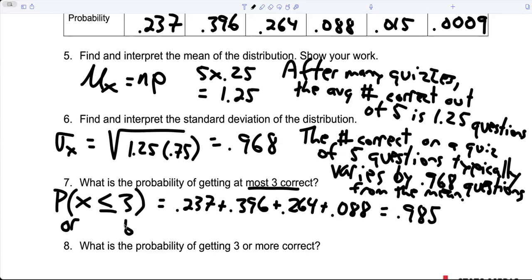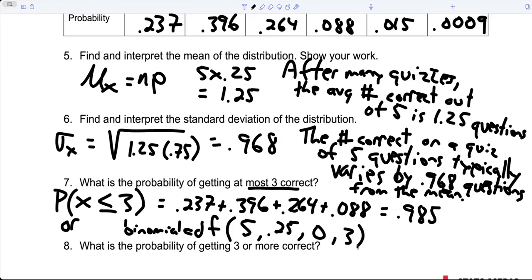So we're going to do binomial CDF, 5 trials. Probability of success is 0.25. And then we do upper bound and lower bound. So in this case, my lower bound would be 0. My upper bound would be 3.